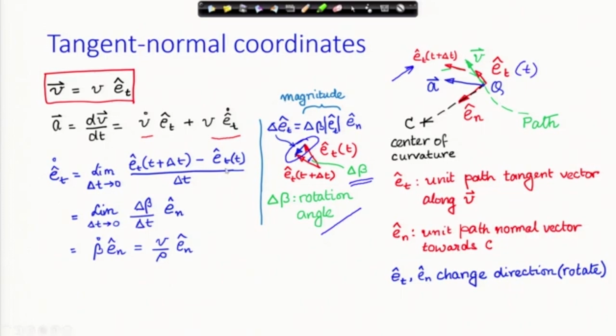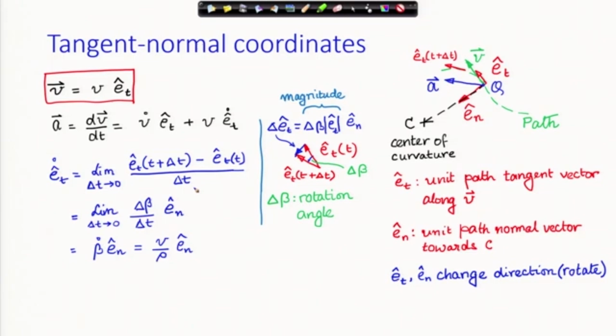Therefore, the numerator is nothing but delta beta times E n cap, and in the denominator sits delta t. Therefore, limit delta t tends to 0, delta beta by delta t times E n.